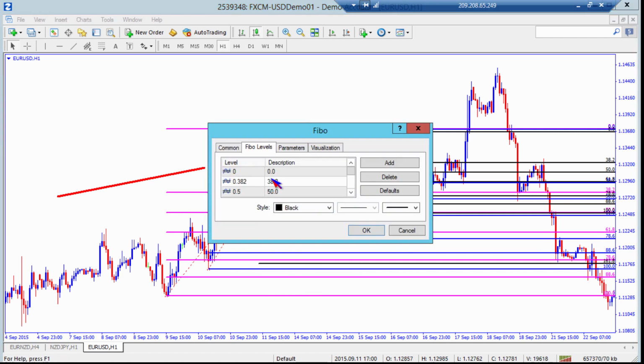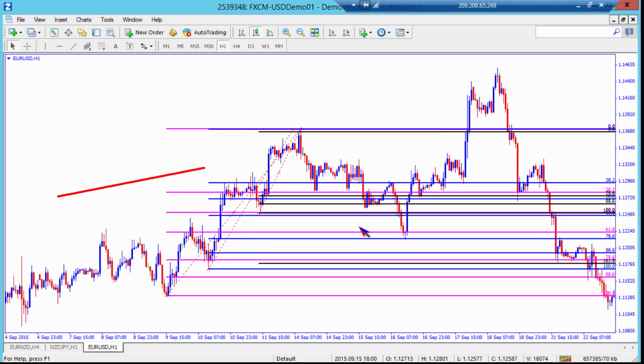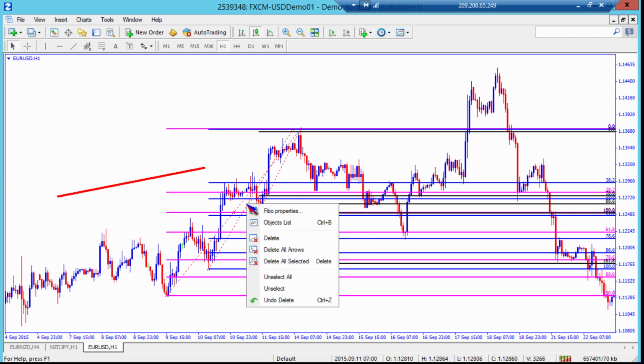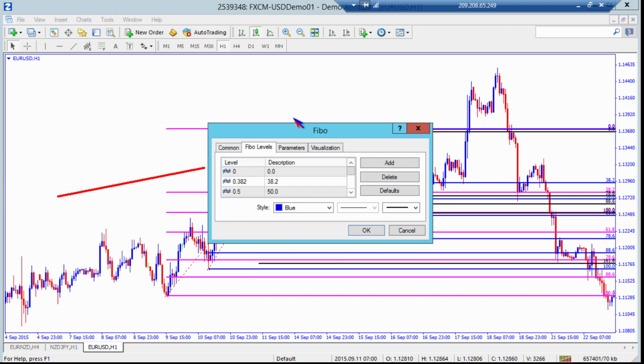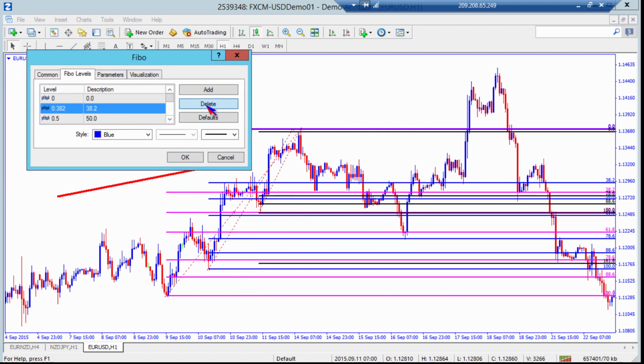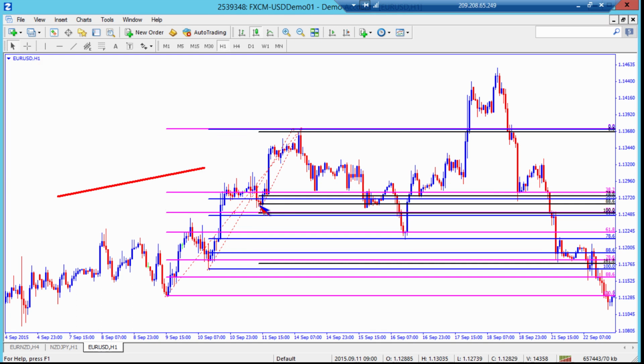Right click. Gonna get rid of this, this, this, here. Going to right click. We're going to get rid of the 38. All right. And now we get rid of 38%. And that's about it to start.